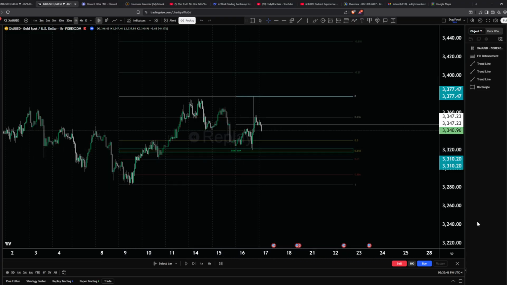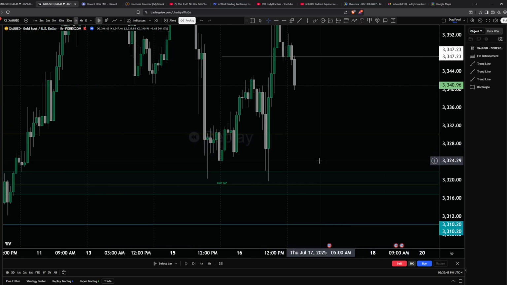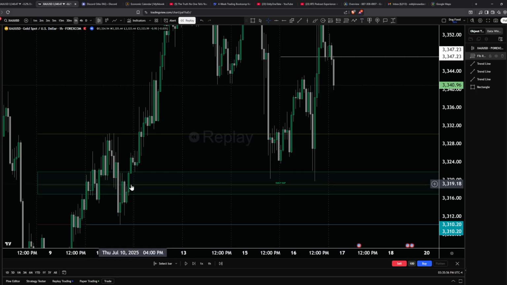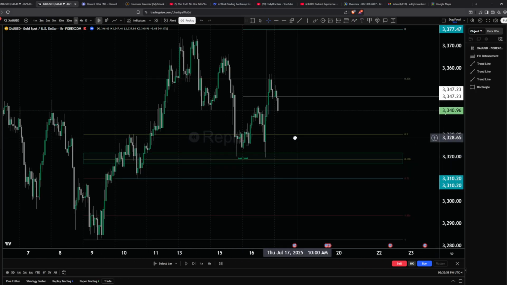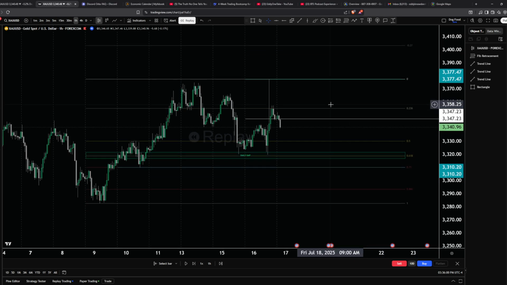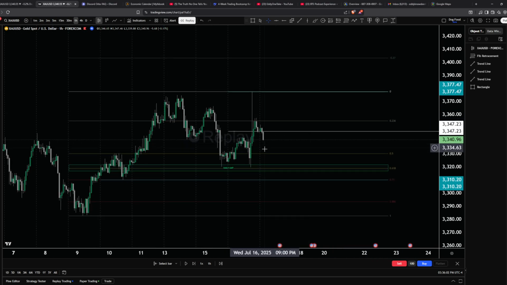And then I also see that we have equal lows here, but this level of liquidity was taken out by this because this traded lower, and they also came into the gap, but they did not close below it. So we were expecting price to continue dropping down, and when price was dropping down, we were expecting it to come into a discounted area for it to go back up.